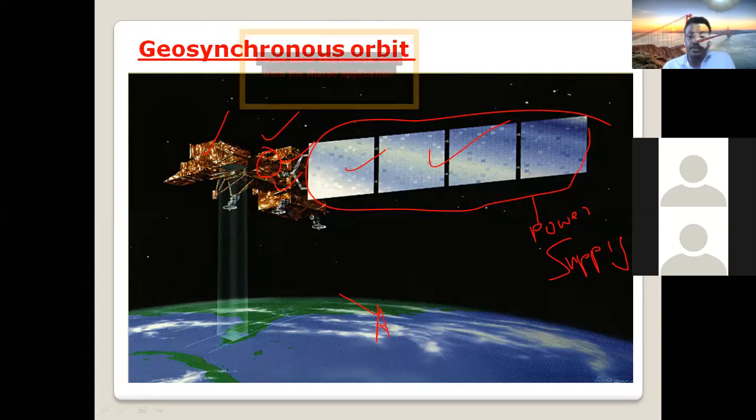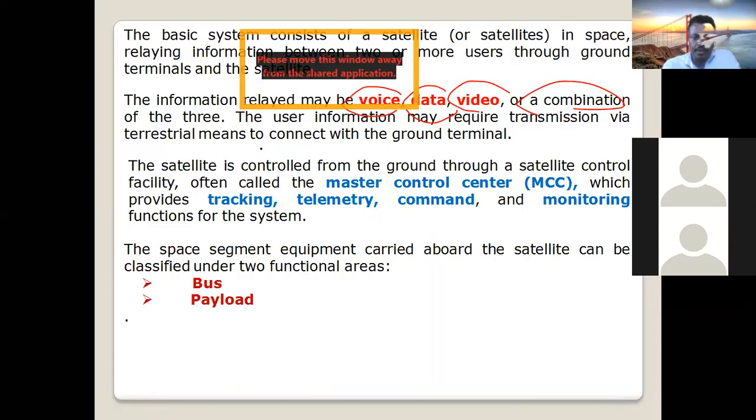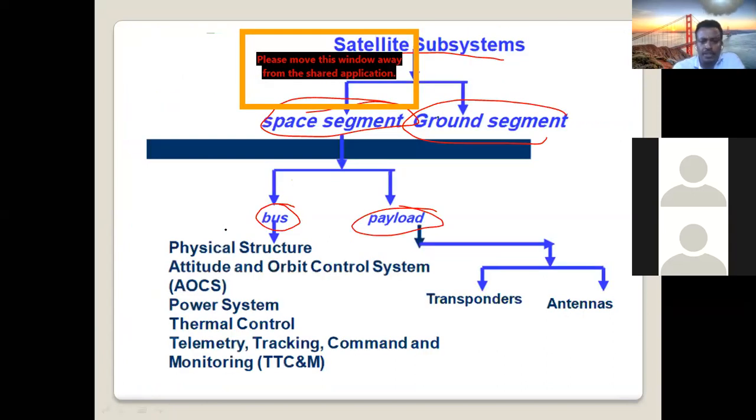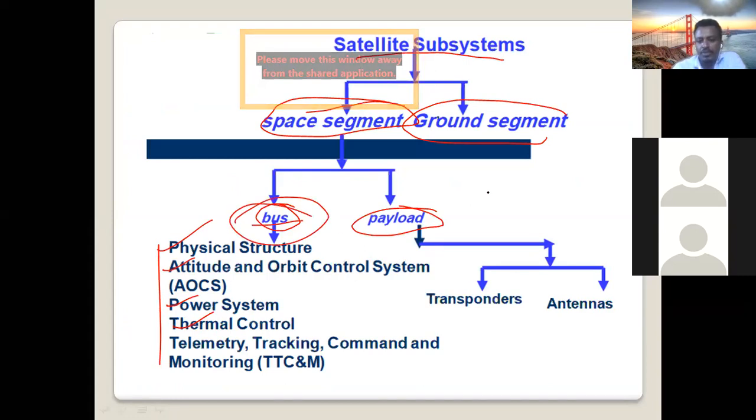So in this chapter, we are not discussing the bus. What are the equipments under bus? The physical structure of the satellite, control equipments, the power system, thermal control, all these additional equipments, we classify as bus.